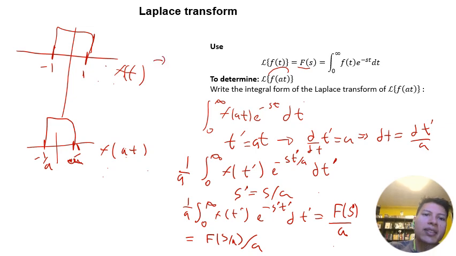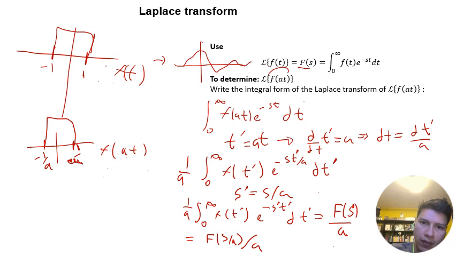And let's say the Laplace transform of this function looks something like this, where for argument's sake, let's say this is negative pi and this is pi.